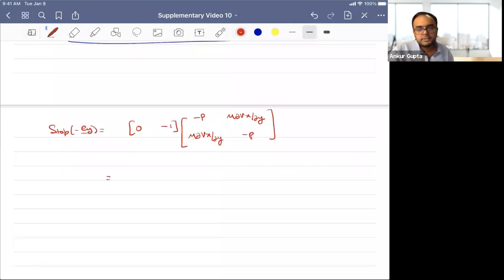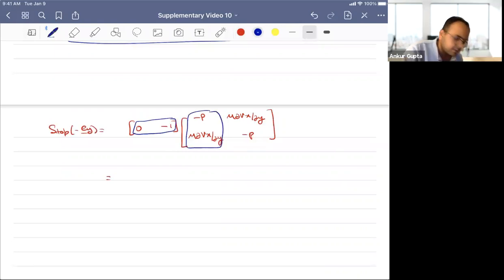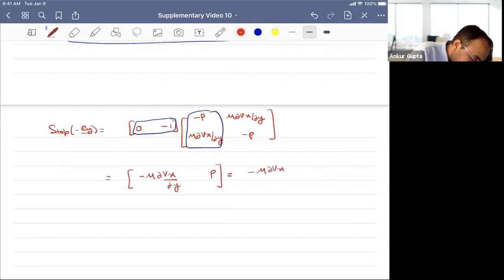And this is a good habit to learn: how to multiply these matrices. First, you take piecewise multiplications of these, add them, and then similarly do that for the second term, and you'll get a 2 by 1 vector. And this will be minus mu del vx by del y ex plus p ey.